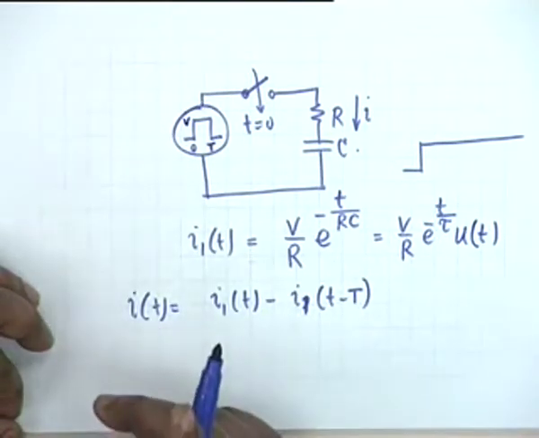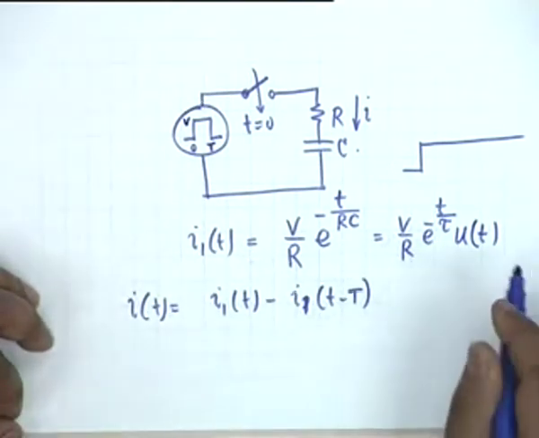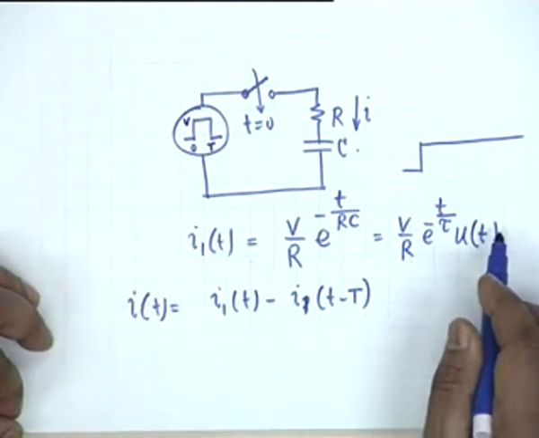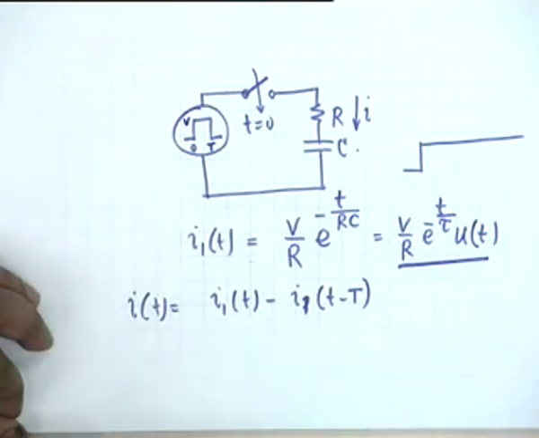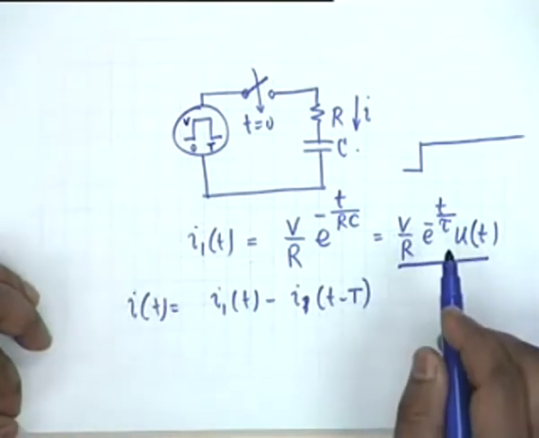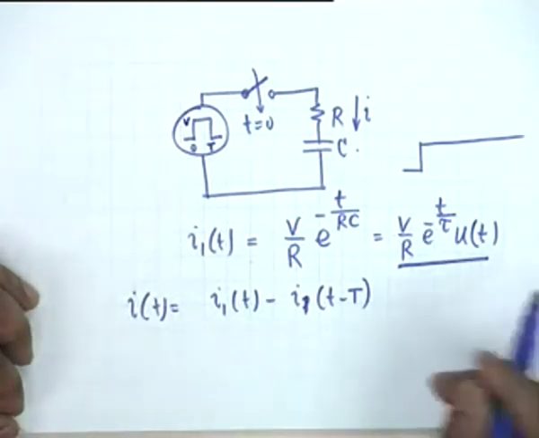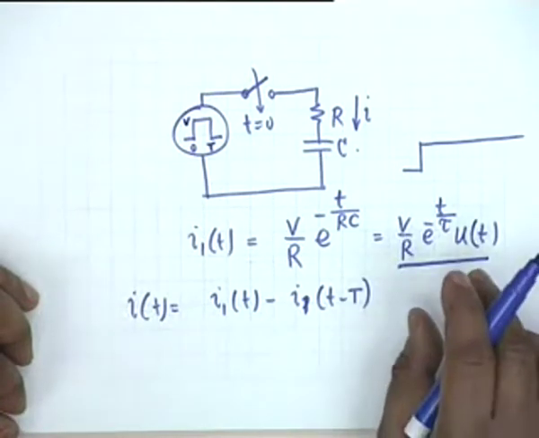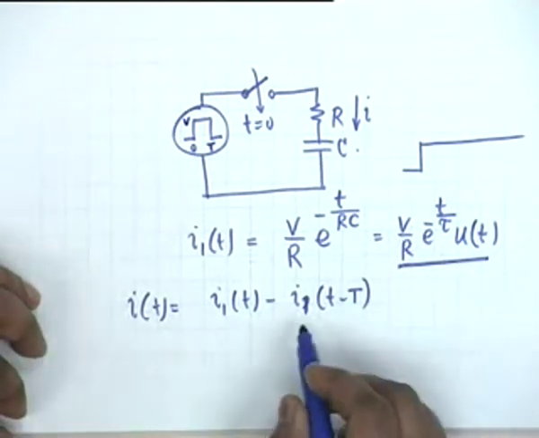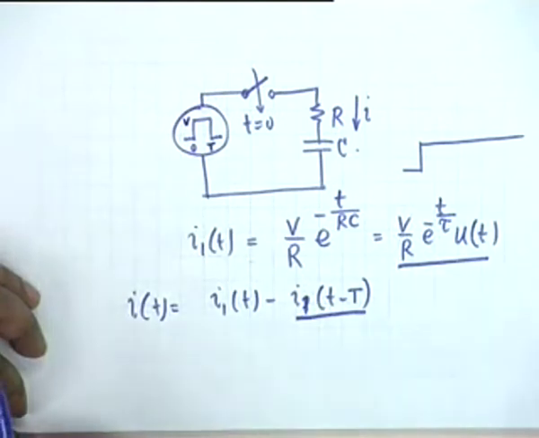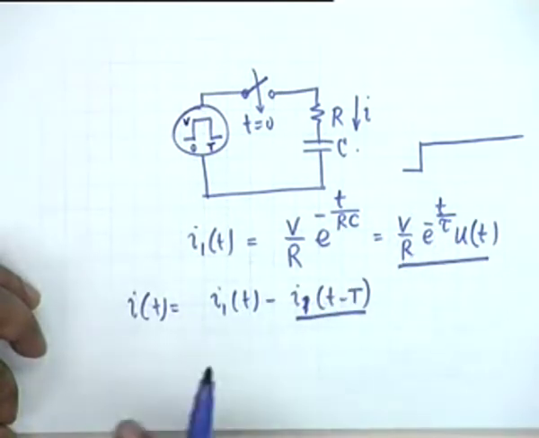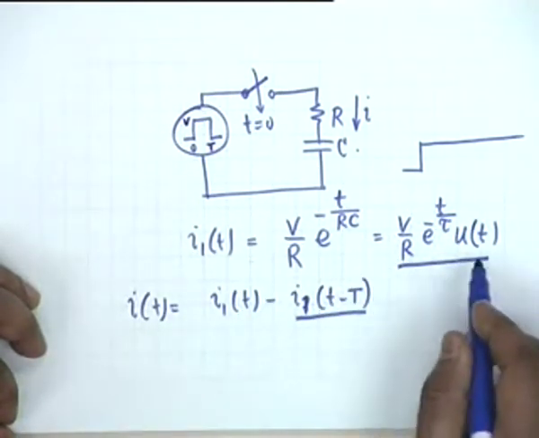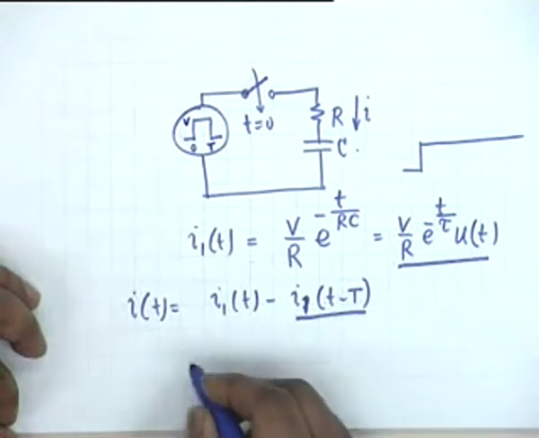Unit step function. It is 1 for t greater than or equal to 0, and it is 0 for t less than 0. Therefore this is the correct solution. We did not include a u(t) because it was implied in the context, but now we have to discipline ourselves, because i1(t minus capital T) starts functioning only at small t equal to capital T. So I cannot combine the two unless I use this function.